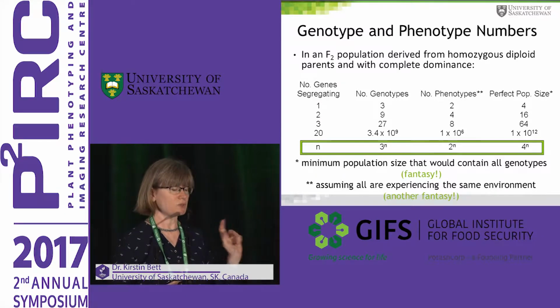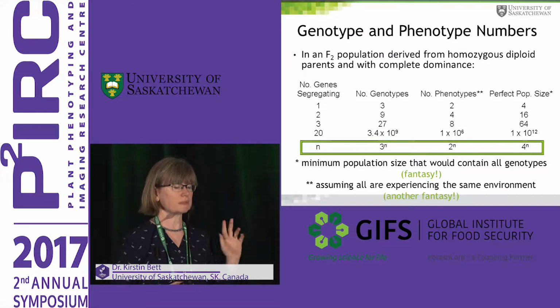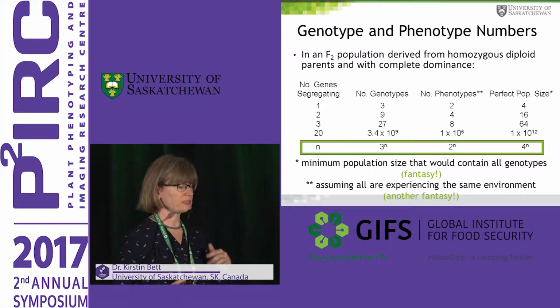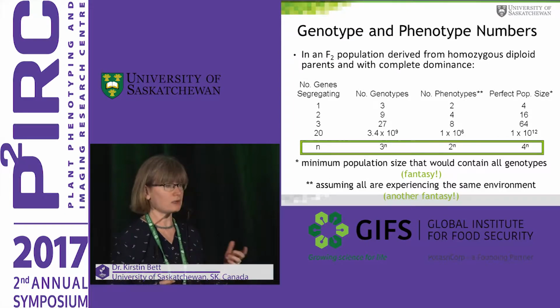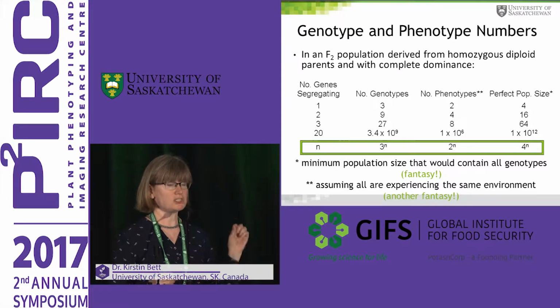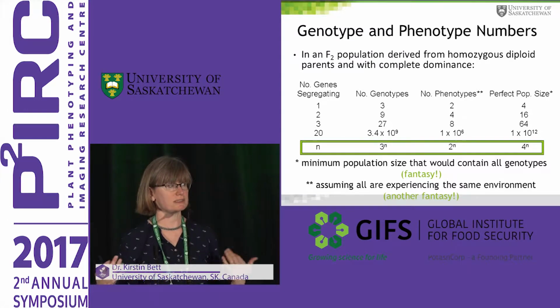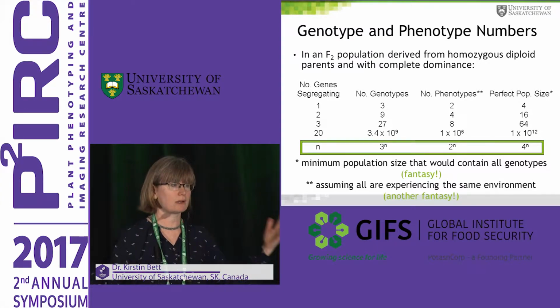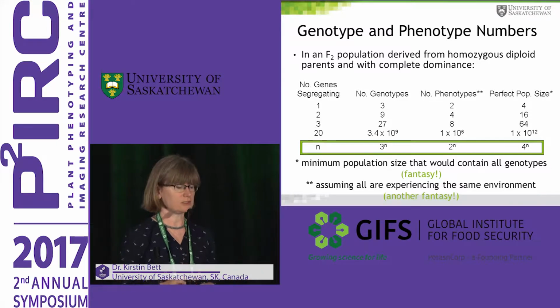If you have 20 genes segregating, we're now starting to get into silly numbers, right? And so your perfect population size is 4 to the n, on however many genes, never mind traits, because each trait probably has multiple genes underlying it. So what are you trying to follow, and how many individuals can you actually look at?